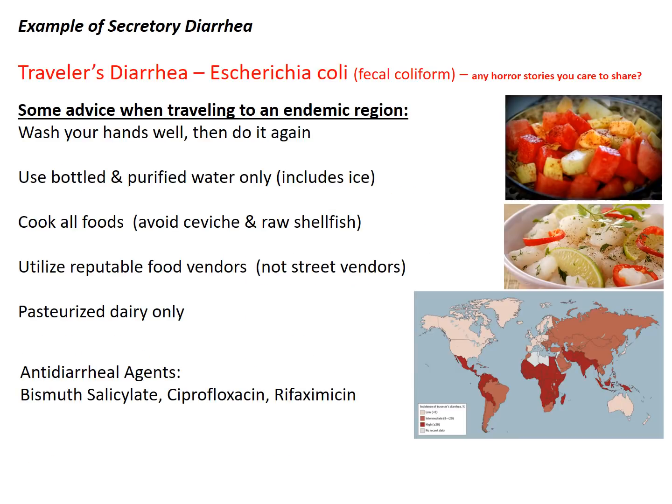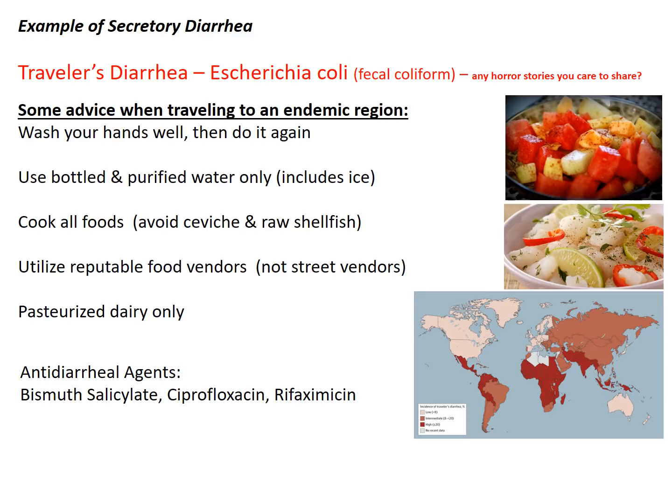Here is secretory diarrhea. It's due to the fecal coliform E. coli. We chlorinate water here in the United States, and we're kind of used to this type of strains of E. coli that we get exposed to.